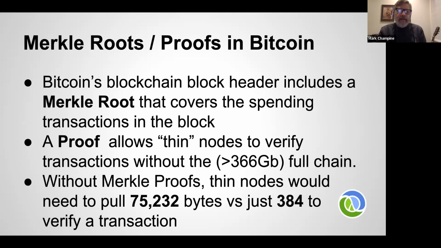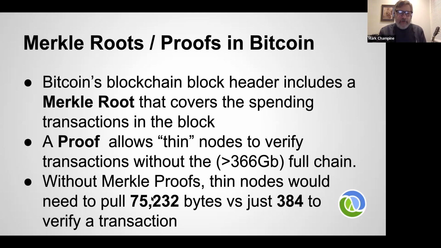But there are also a large number of subsidiary nodes that don't want to expend the amount of resources that would be necessary to hold the whole blockchain. As you can see, recently, the Bitcoin blockchain is over 366 gigabytes. And so there are lots of devices that don't want to store and maintain that gigantic amount of memory or disk storage.